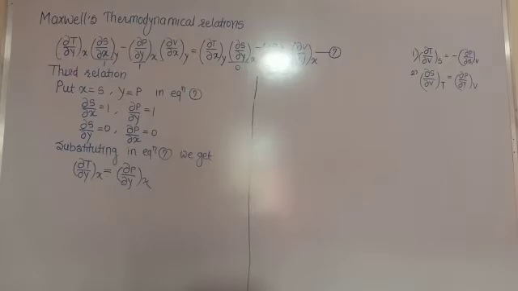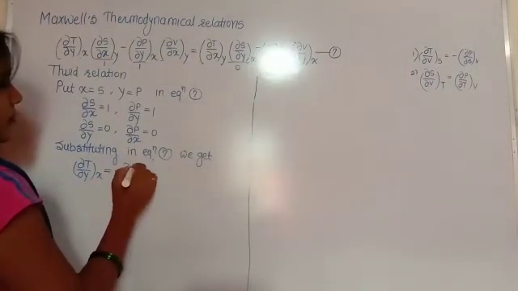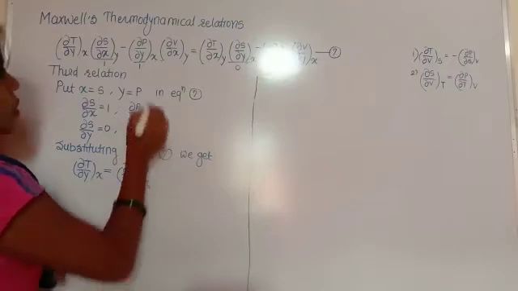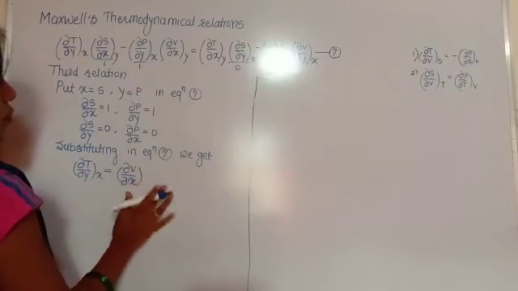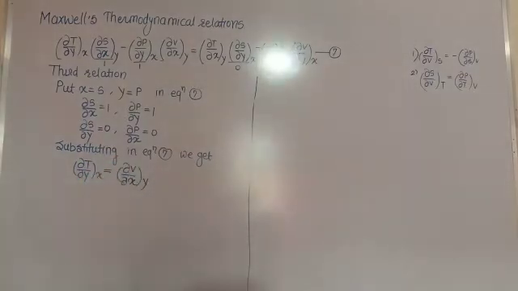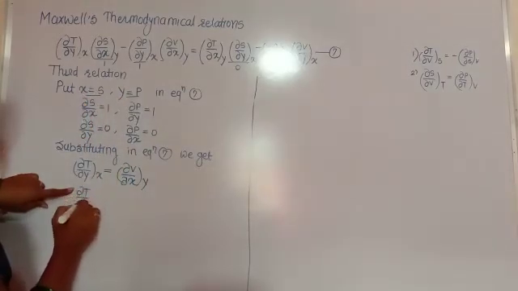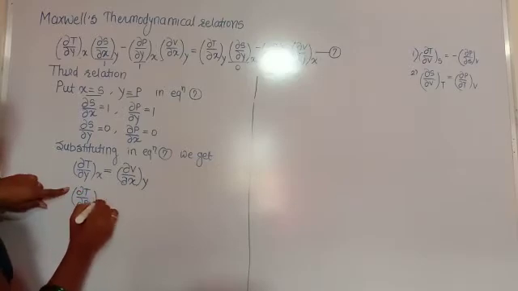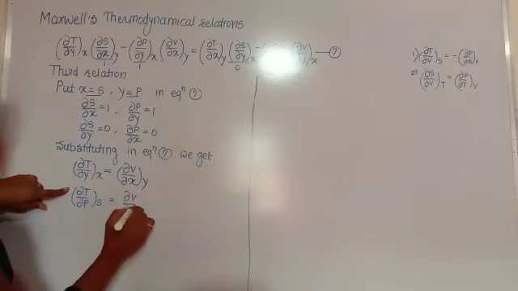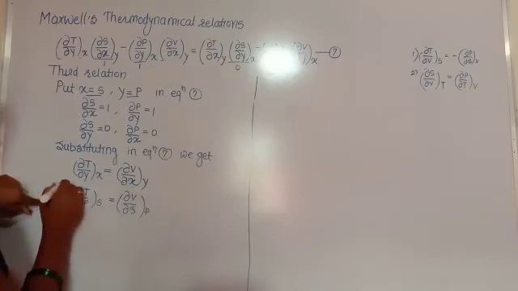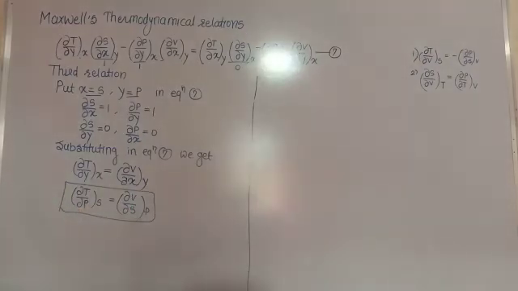Del P by del Y is 1 and del S by del Y is 0, so del T by del Y at constant X equals del V by del X at constant Y. Since Y is P and X is S, we get del T by del P at constant S equals del V by del S at constant P.